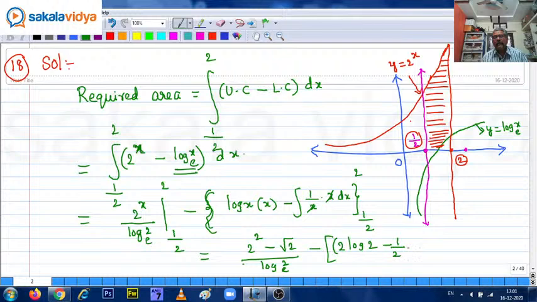Actually the upper limit is 2 and the lower limit is 1 by 2 because x is there. The signs are minus and minus. So let us simplify this now.